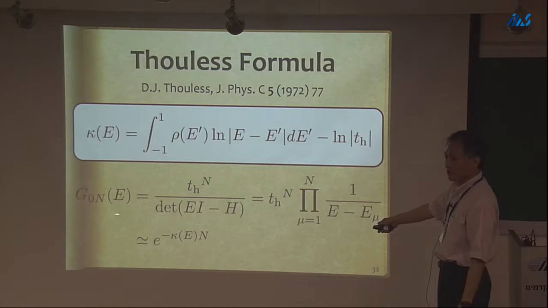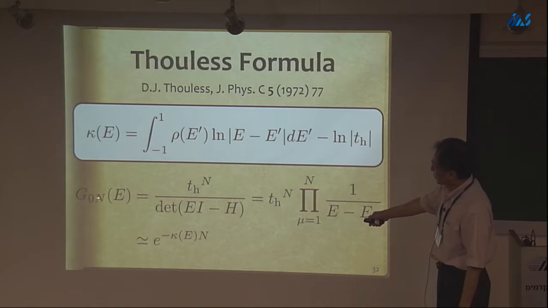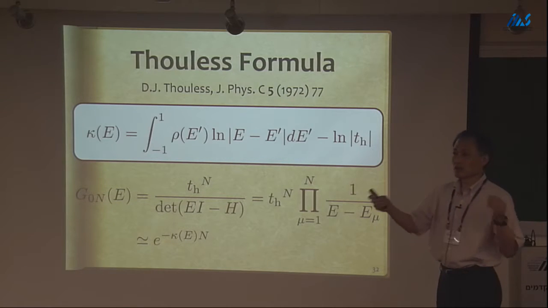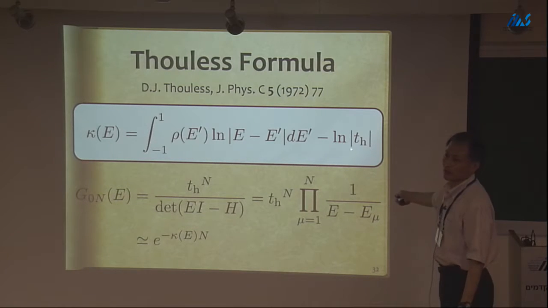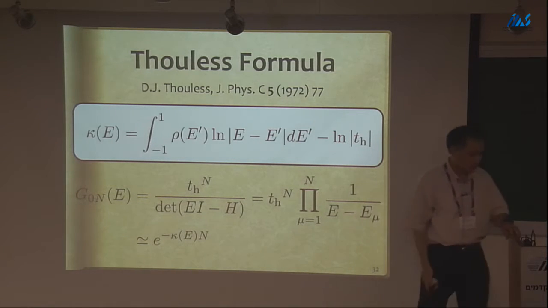From the definition of the Green's function, I have this formula, which is mapped to this kind of form, while this decays exponentially in the same way as the wave function. So by equating this and this, I can find this kind of formula. That was found already in '72.